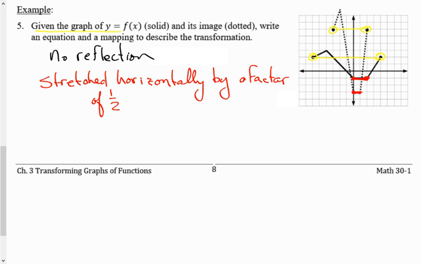So given this graph, the solid line, we'll do something similar as we look vertically. Let's say I look at the lowest point and the highest point, and I see it's 1, 2, 3, 4.